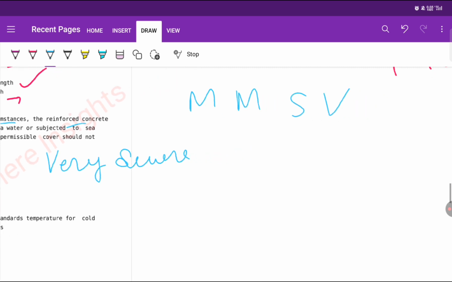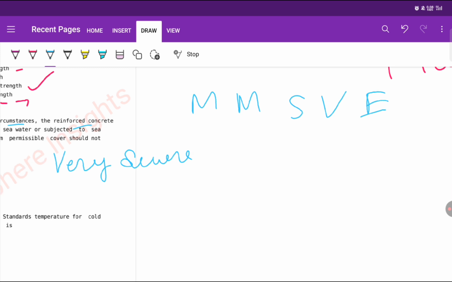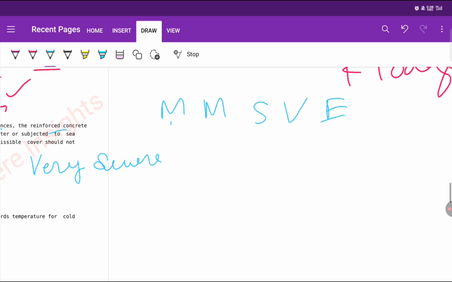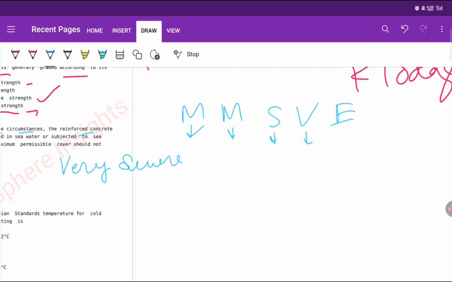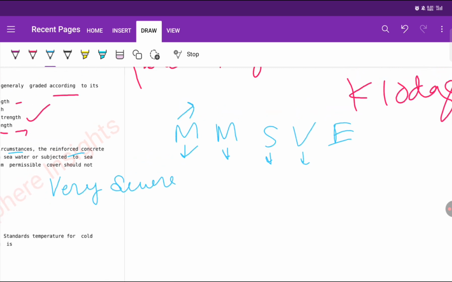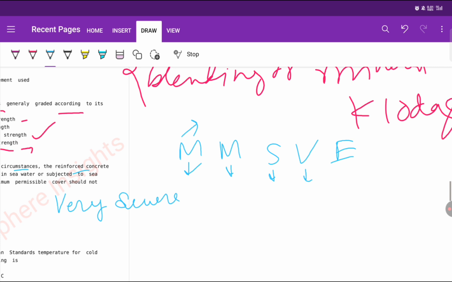MMS, very important and interesting. Here M means mild, M means moderate, S means severe, V means very severe. So what was the cover for M? It was 20, this was 30, this was 45, this was 50, this was 70.